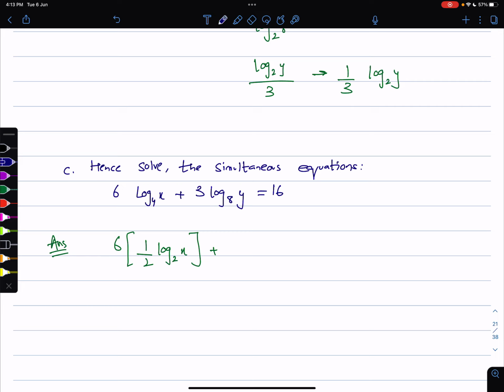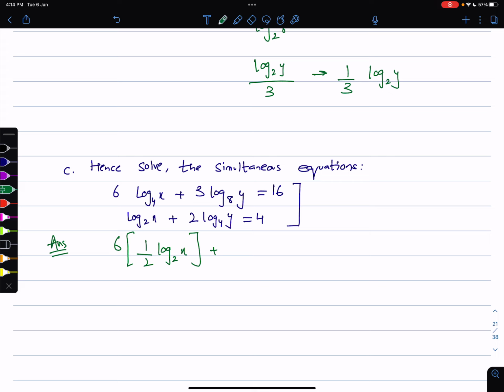Okay. In this question, we have to solve the simultaneous equation 6 log 4 of x plus 3 log 8 of y equals 16, and the second equation is log 2 of x plus 2 log 4 of y equals 4. These are the two equations given in the question.